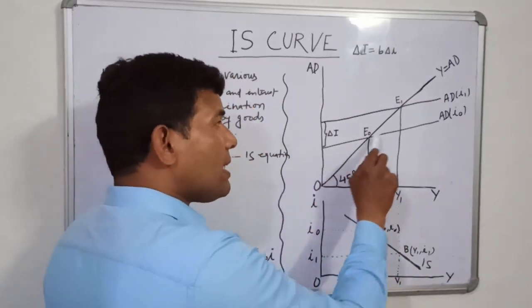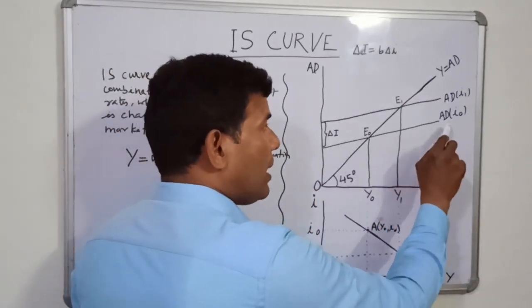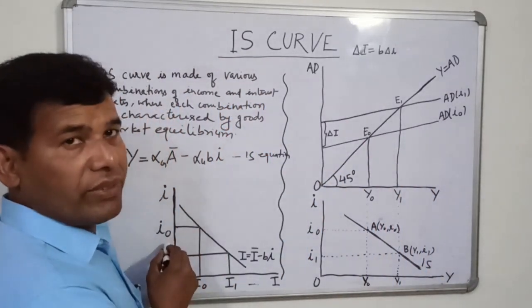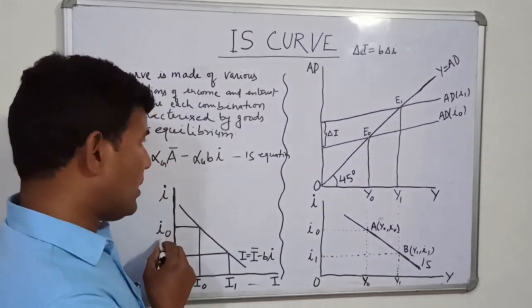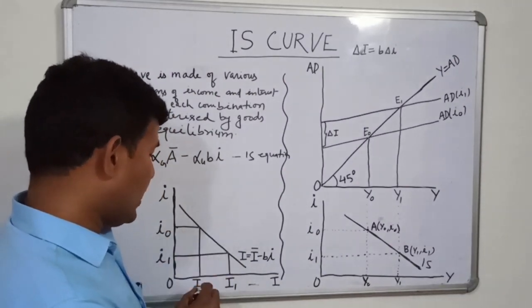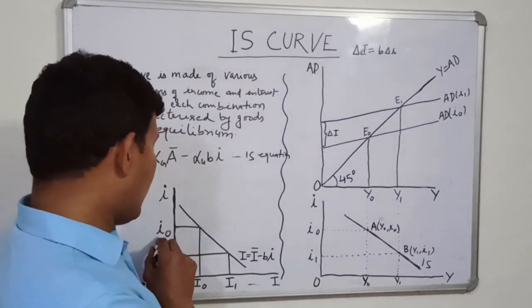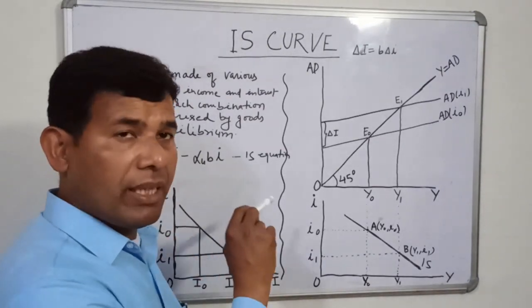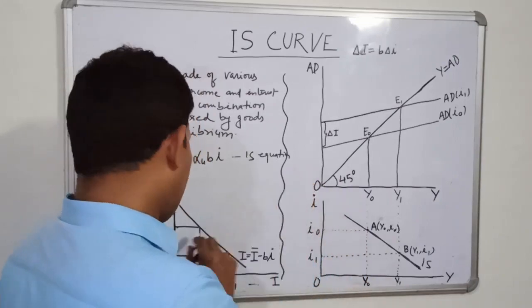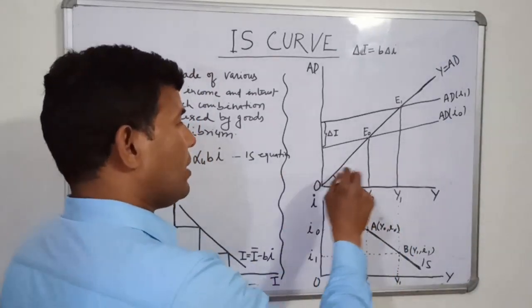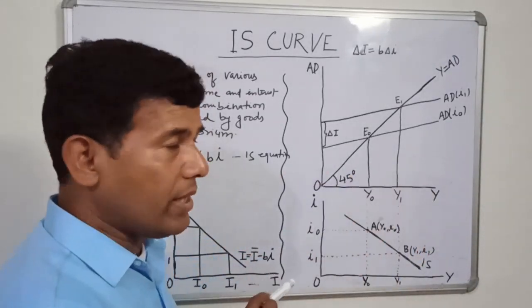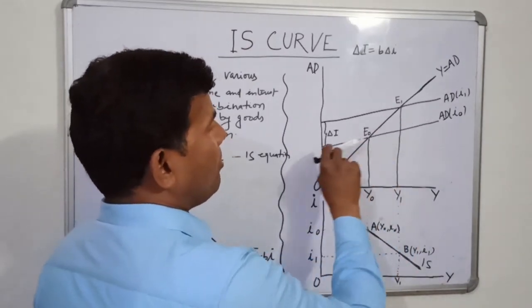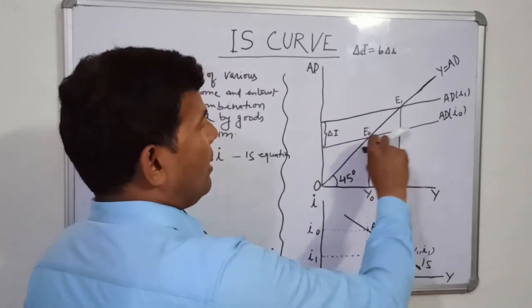This aggregate demand has been derived corresponding to the I0 interest rate. At this I0 interest rate, first we find the level of investment, and as long as the interest rate remains fixed at I0, investment also remains fixed. At I0, the investment line is horizontal, so it has already been taken care of in the aggregate demand line.